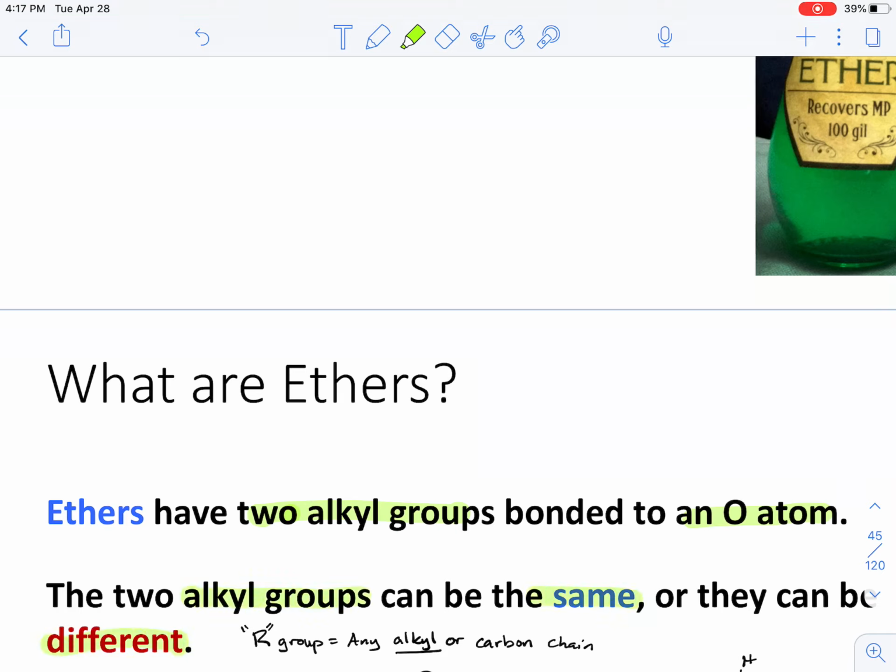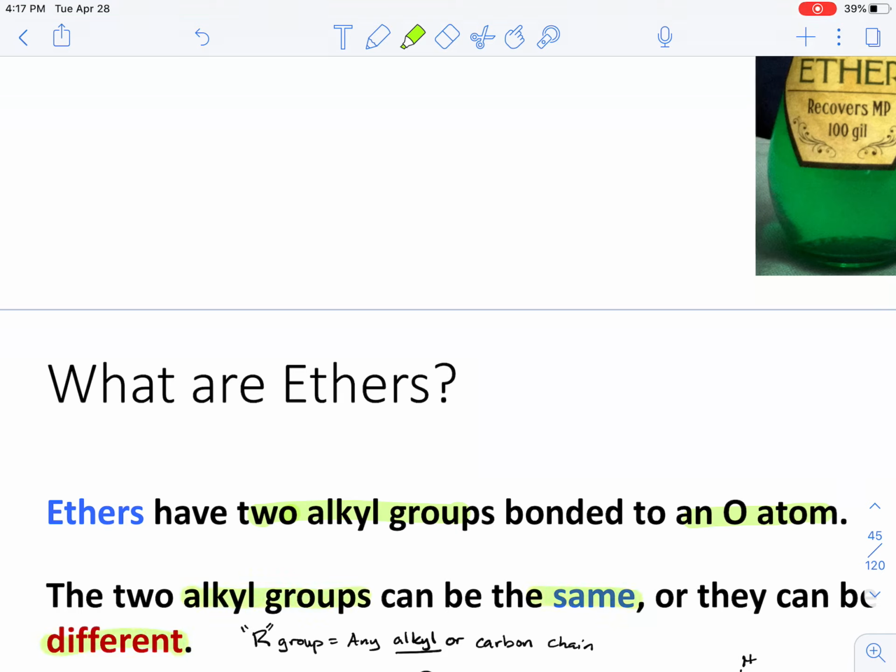An ether can be represented by substituting these alkyl groups with this letter R, which is known as an R group. These R groups represent any alkyl or carbon chain, and it doesn't really matter what they are. All we know is that it's carbon based.